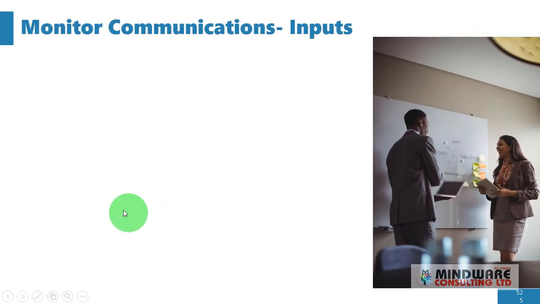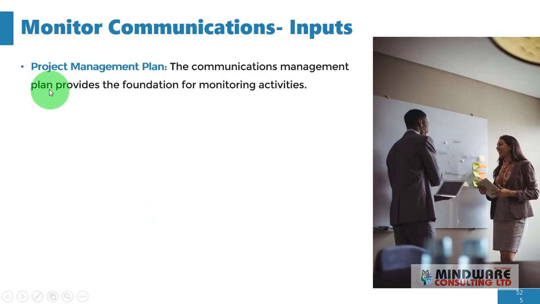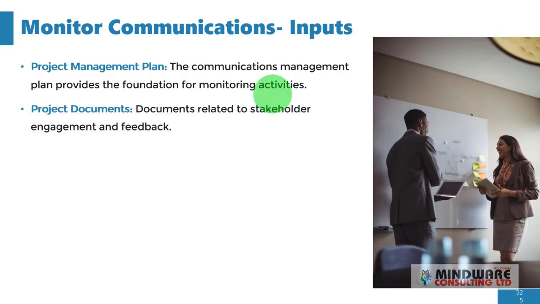Okay, so what are the inputs in this process? Firstly, you have the project management plan, which is the grand plan for our project, and then of course the communications management plan, which provides the foundation for monitoring activities. Okay, so we're working with the communications management plan inside the project management plan to get guidance on what activities are involved in monitoring communications.